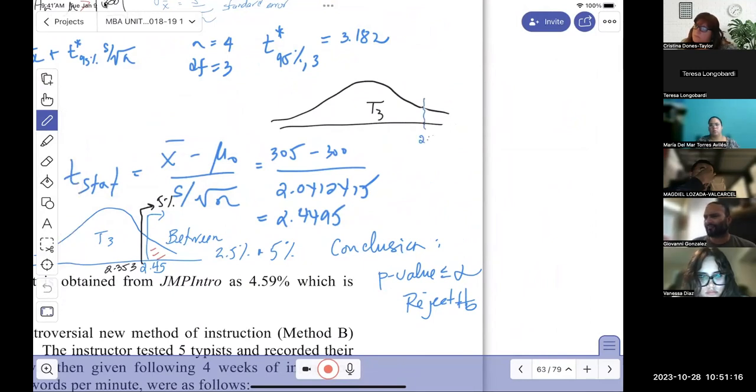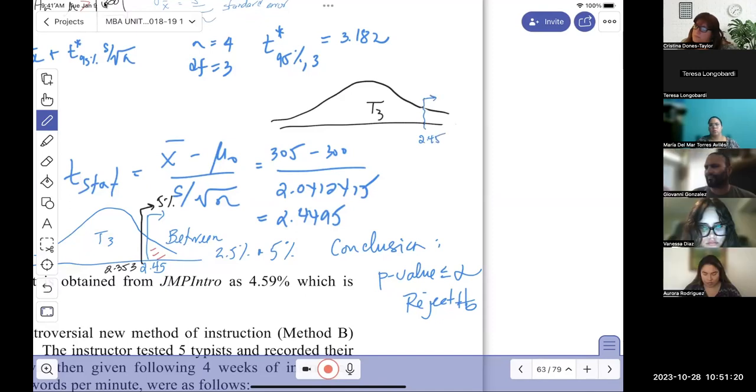So here's my number, 2.45. And this I found out is between 2.5 to 5%. But in a two-tailed test, I have to check on both sides, and checking on both sides is 2.5 here and 2.5 here. So it doesn't fall in the reject region, it's outside. So this would be a fail to reject.